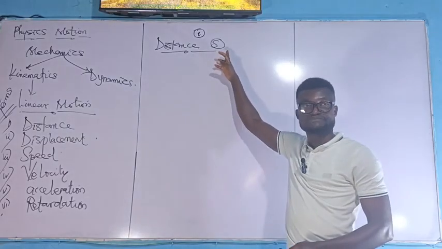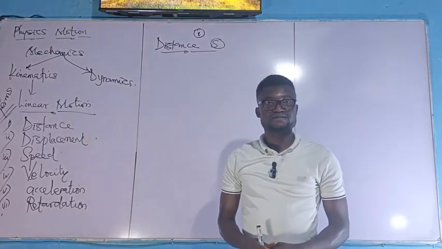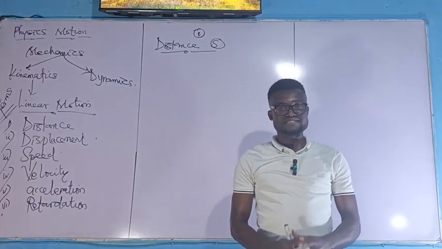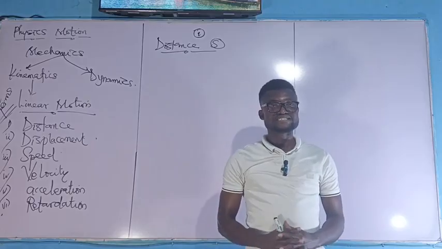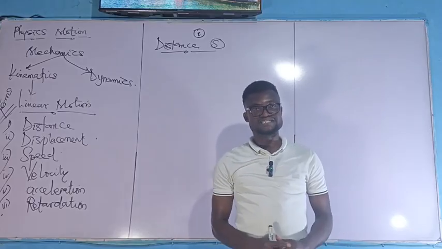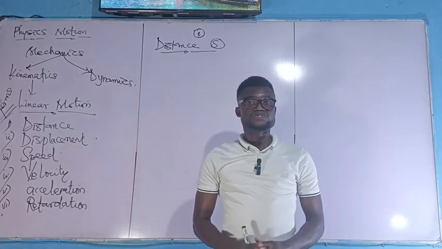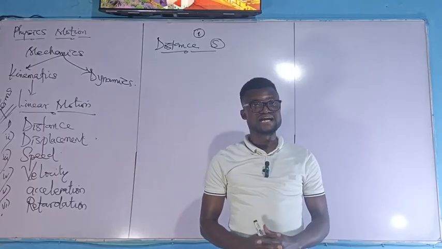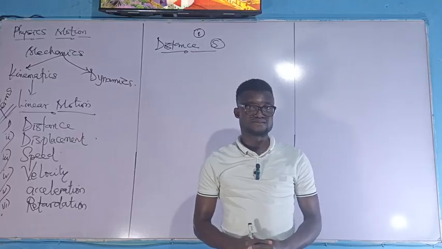Distance has a symbol s. Distance is a scalar quantity, meaning that distance has no direction. It has only magnitude. So whenever you are describing distance, the direction is not important.